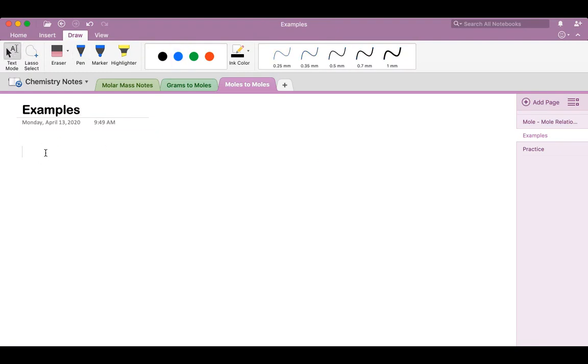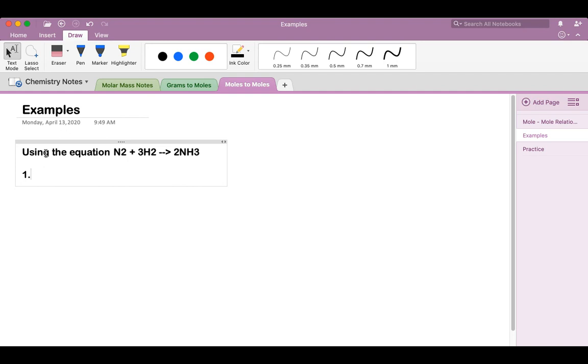So for the first one, let's do using the equation, the last one that was on the other slide. So it's N2 plus 3 H2 yields 2 NH3.